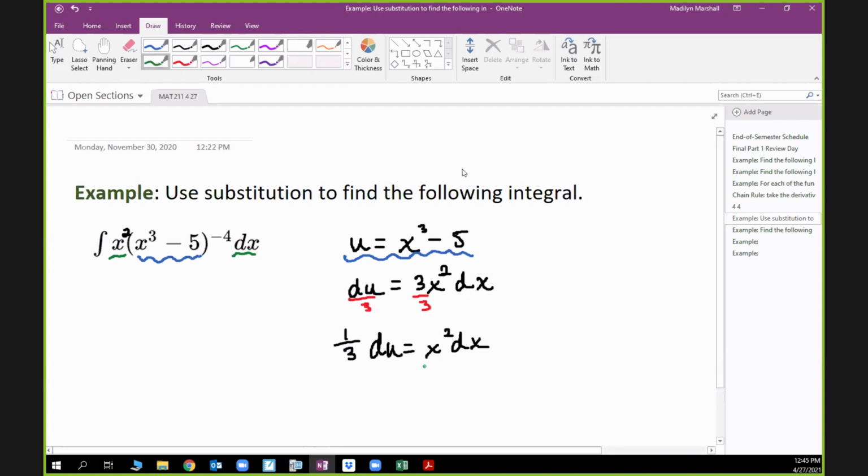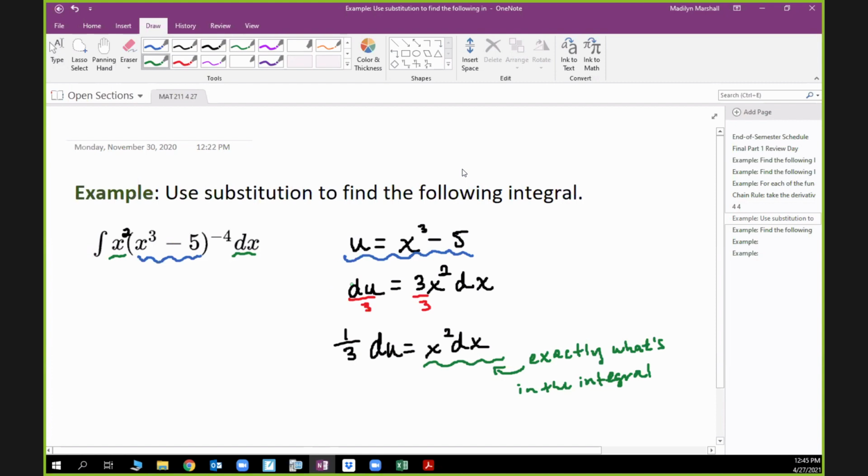So now this part is exactly what we have in our integral. So that's what we should be looking for. So once we replace our u part, everything else should be taken care of by the du. So that little step is something that was a little tricky on the last test.